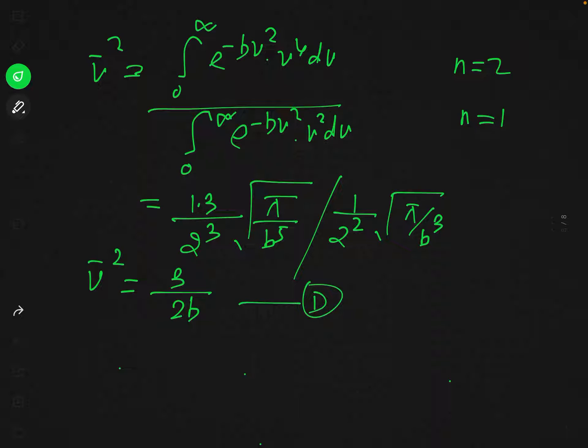Now we know that the average kinetic energy of a molecule of a perfect gas, we have already studied in the elementary kinetic theory of +2 level. And what is the average translational kinetic energy per molecule of a perfect gas?